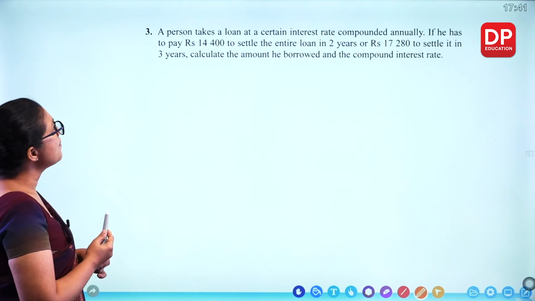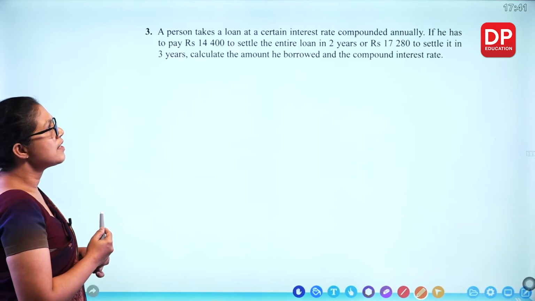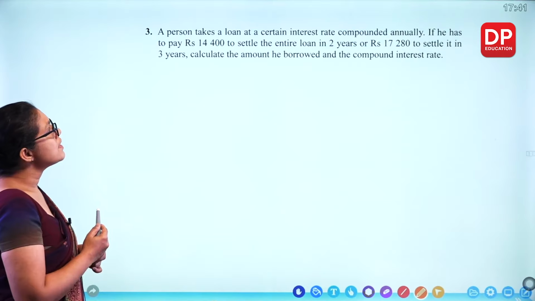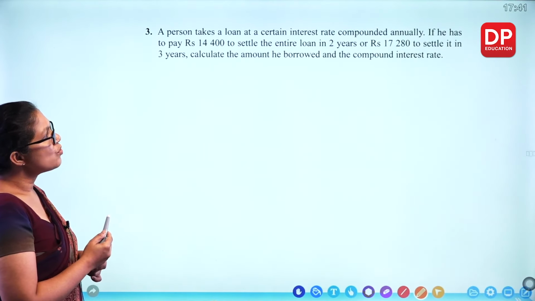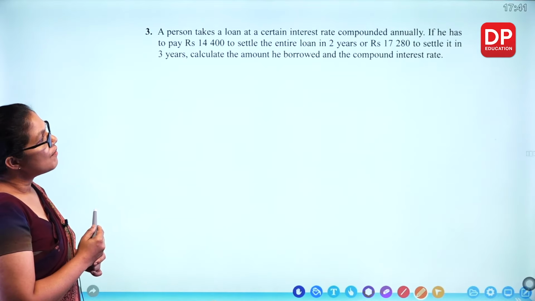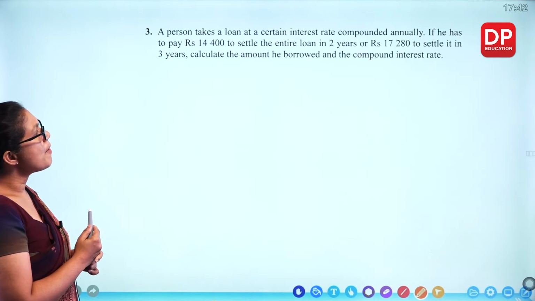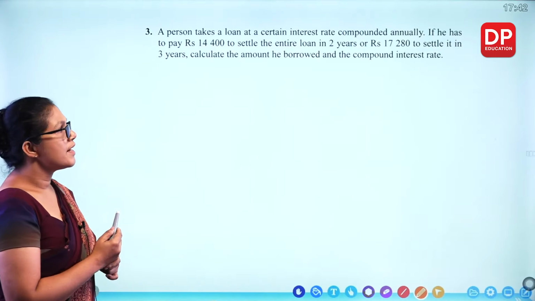Question number 3. A person takes a loan at a certain interest rate compounded annually. If he has to pay 14,400 to settle the entire loan in 2 years or 17,280 to settle it in 3 years, calculate the amount he borrowed and the compound interest rate.